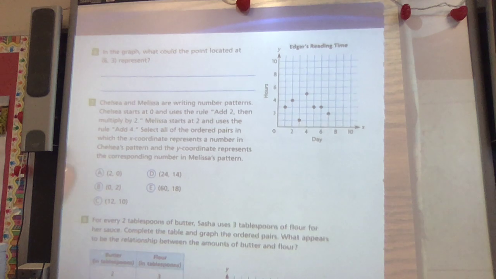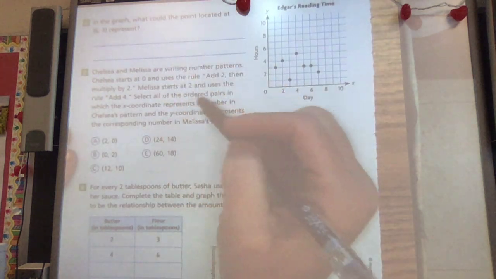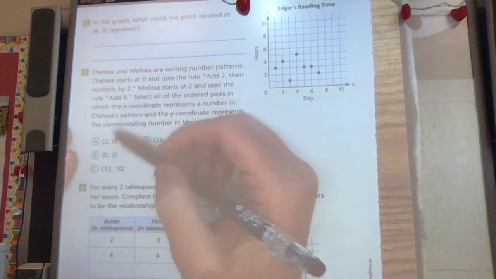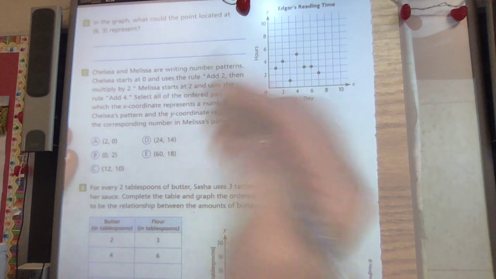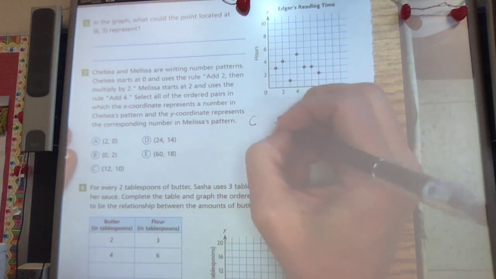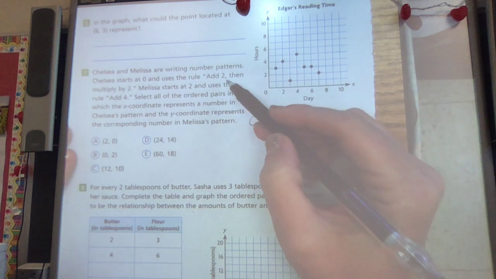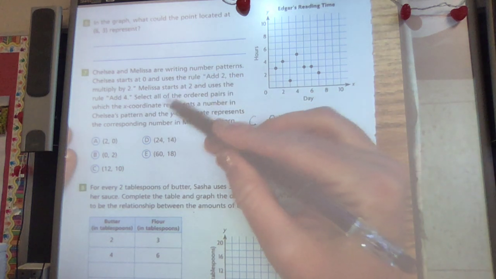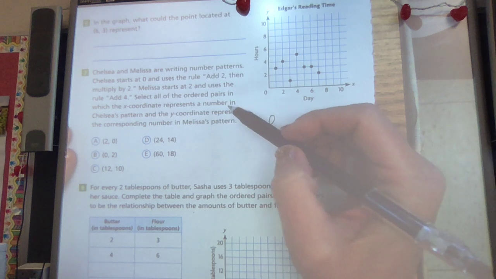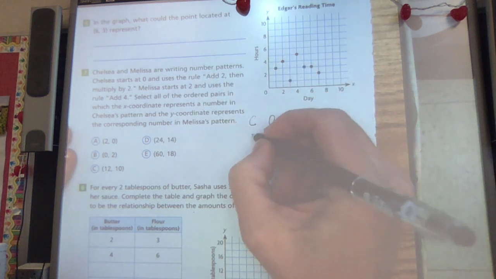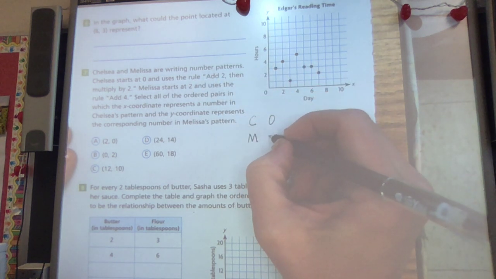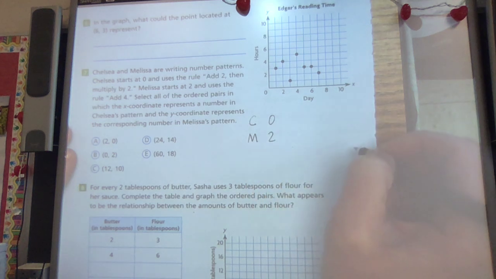Okay, number 7. Chelsea and Melissa are writing number patterns. Chelsea starts at 0. I'm going to write C for Chelsea, starts at 0, and uses the rule add 2, then multiply by 2. Melissa starts at 2 and uses the rule add 4.